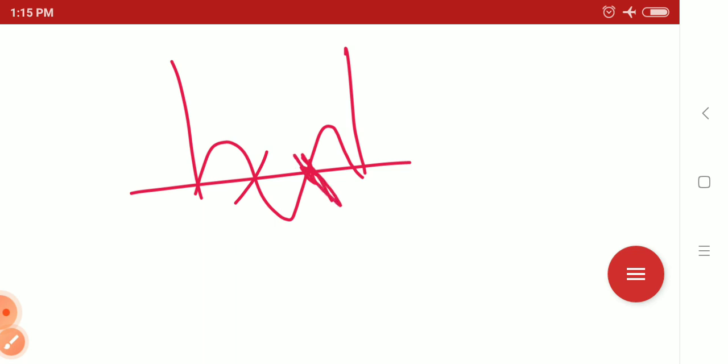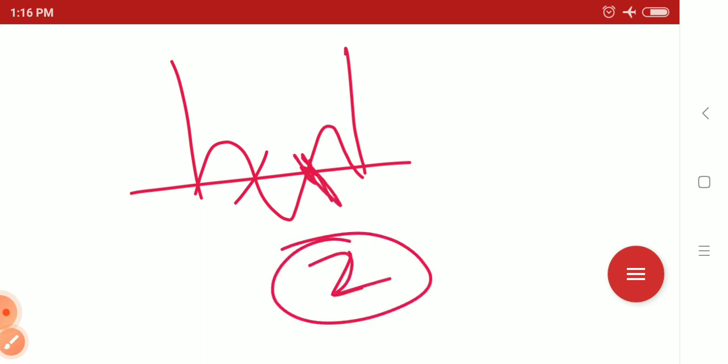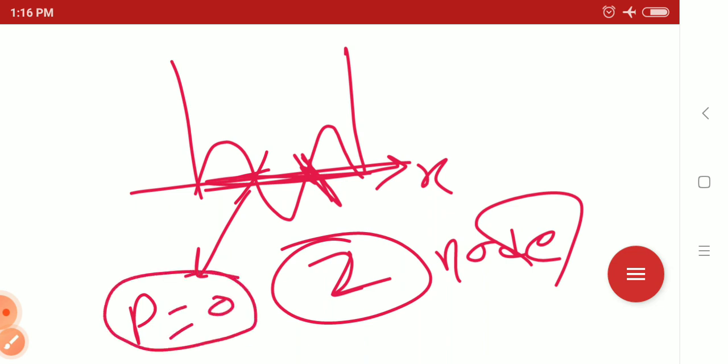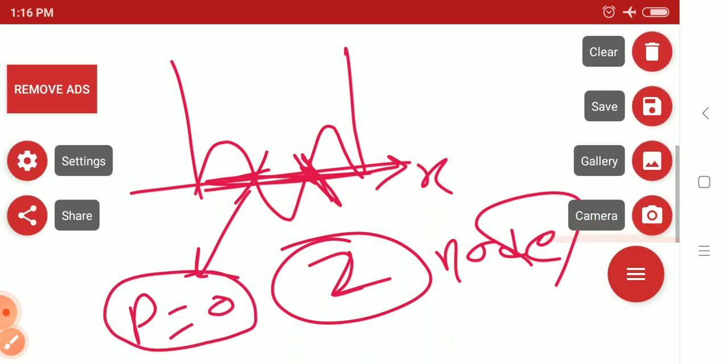That means the number of nodes here is 2. Nodes being 2 means the probability of finding the particle there is 0. Where the graph intersects the box, the probability of finding the particle is 0. So this is the nodes concept.